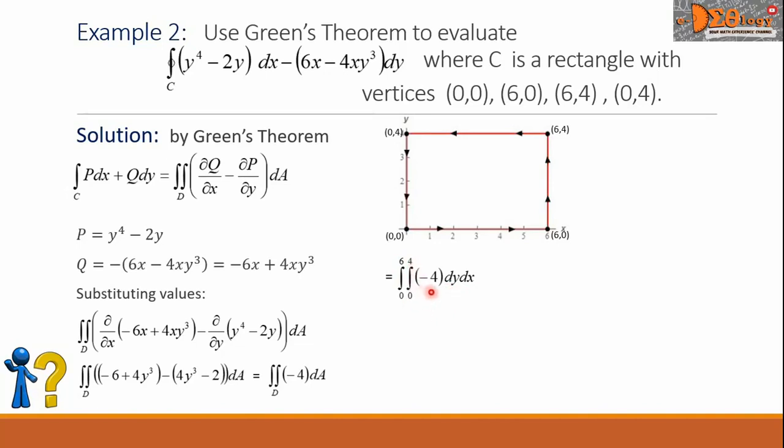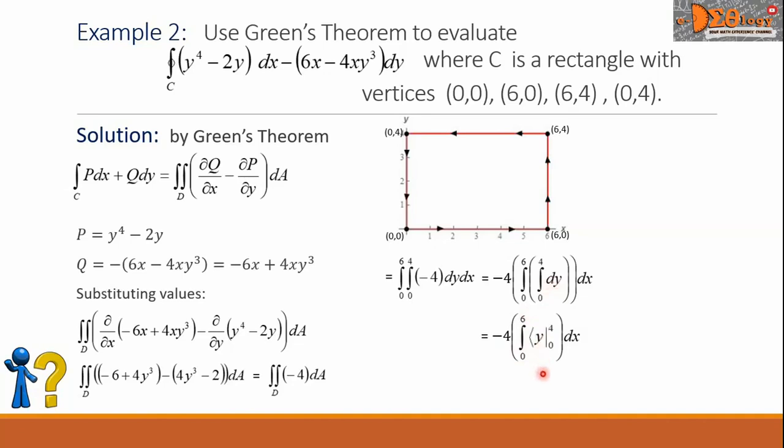Since negative 4 is a constant, we can move this outside the integral signs. So it becomes like this. Now let's begin our integration with respect to the inner integral, dy. So we have the negative 4 times the integral from 0 to 6. The integral of dy is simply y.